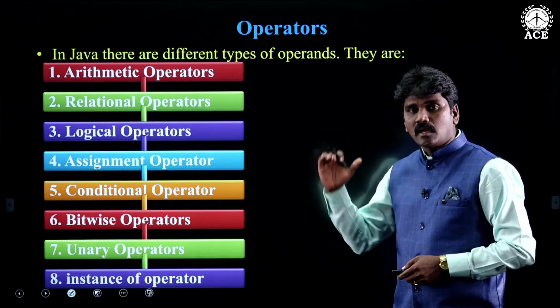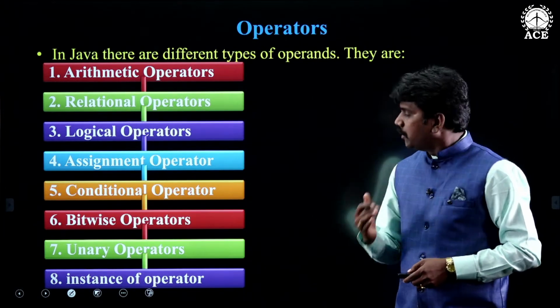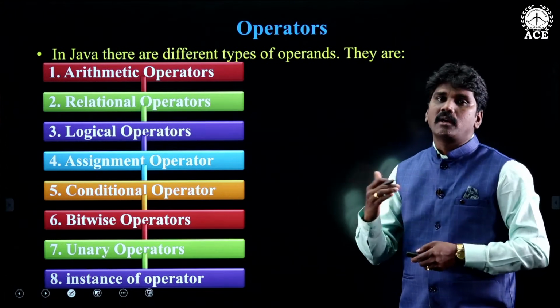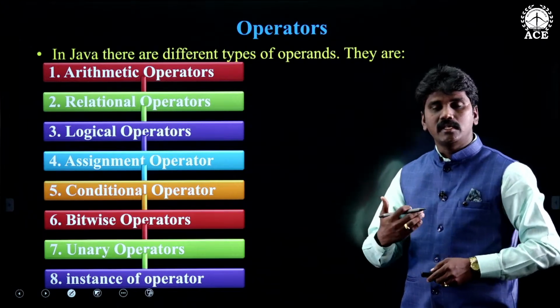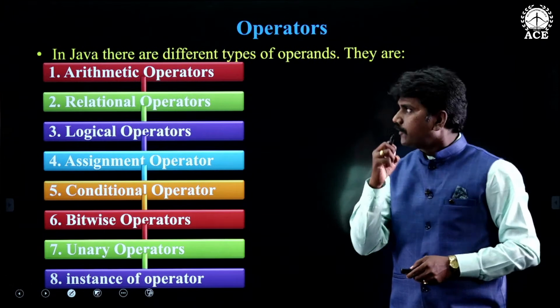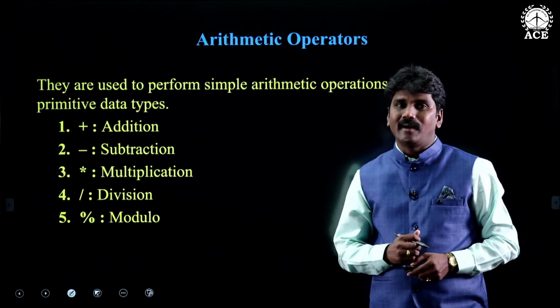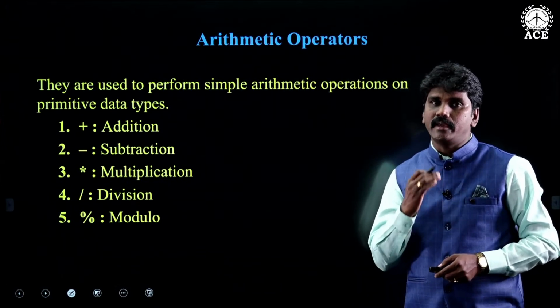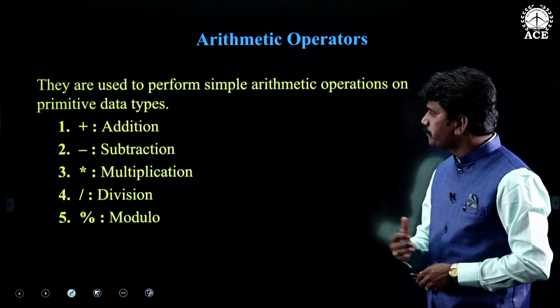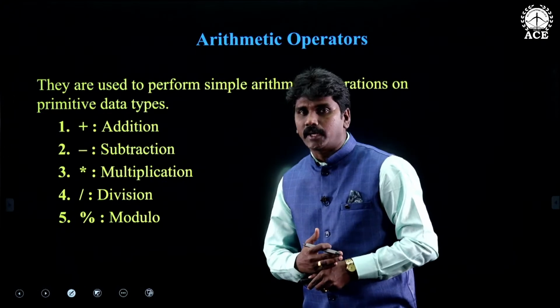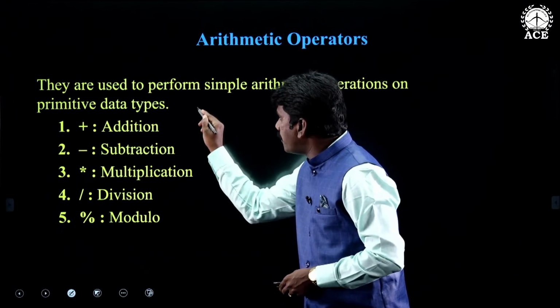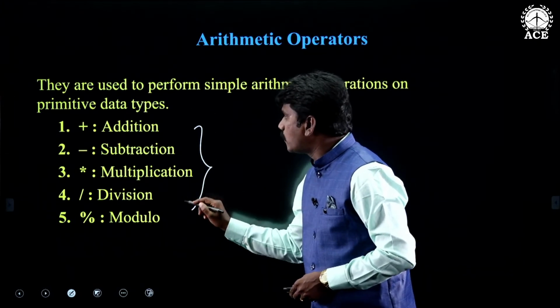Among these, some are binary operators and some are unary operators. The first one is arithmetic operators. I think everyone is already aware of arithmetic operators. What are the arithmetic operators in Java? We have 5 arithmetic operators.